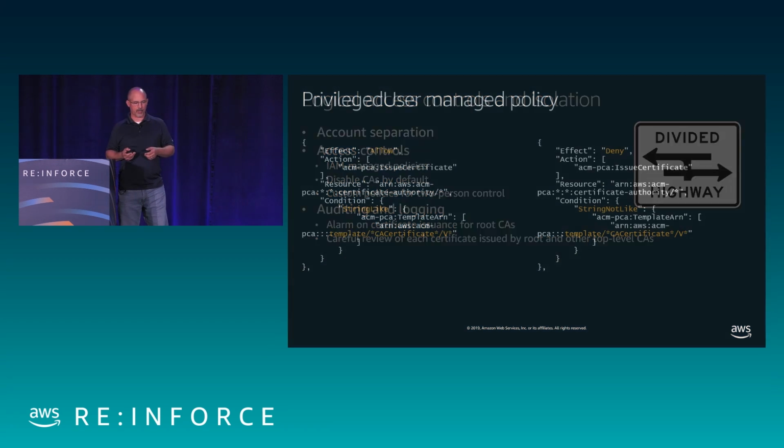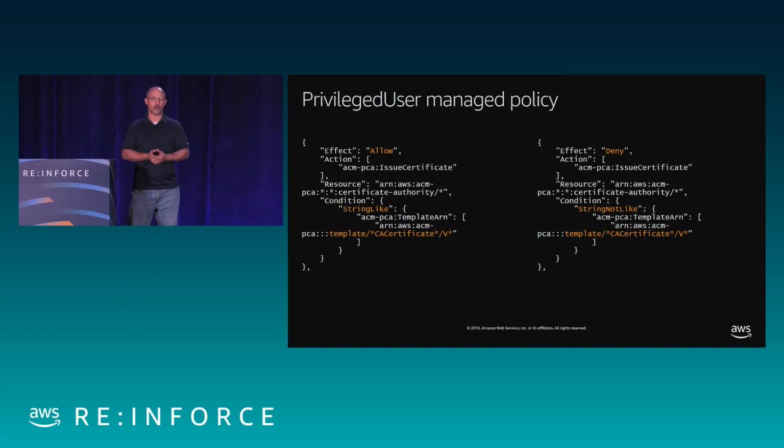And now let's look at an example privilege user managed policy for ACM Private CA. This is just a part of the policy, which has different sections. This section is the one that controls the issue certificate action. What this does is the effect is allow, and the action is PCA issue certificate.